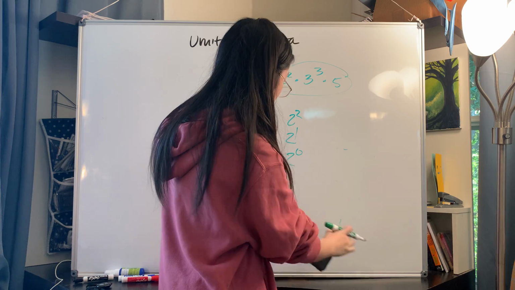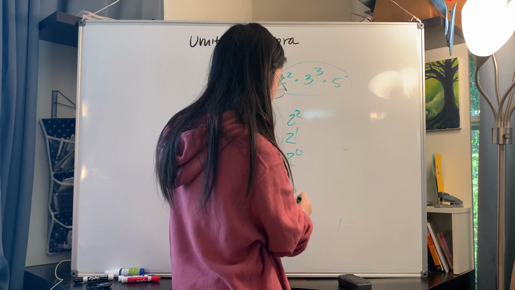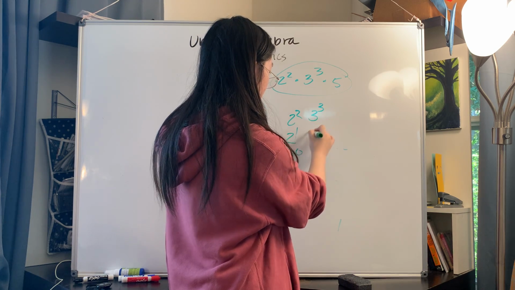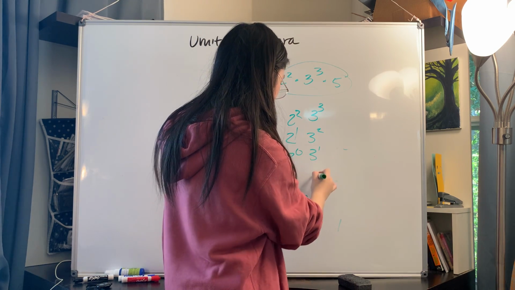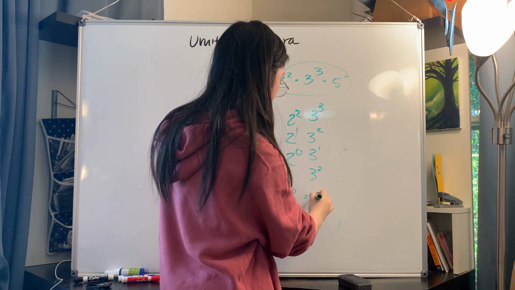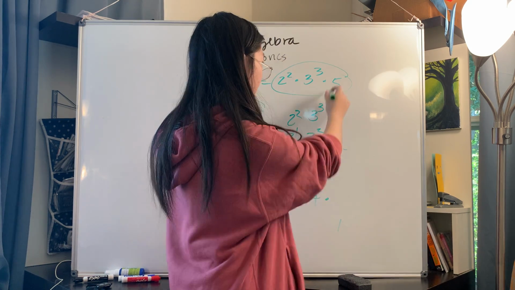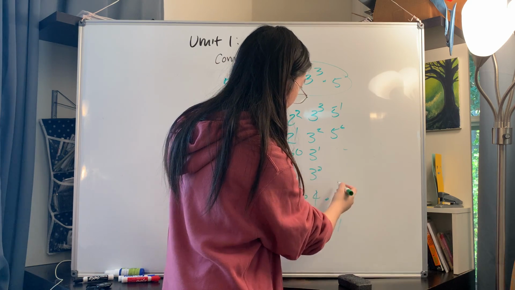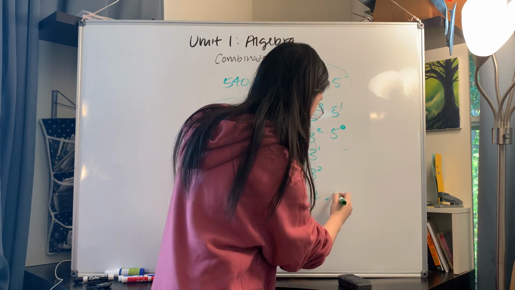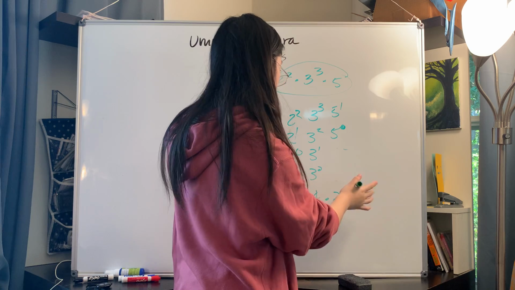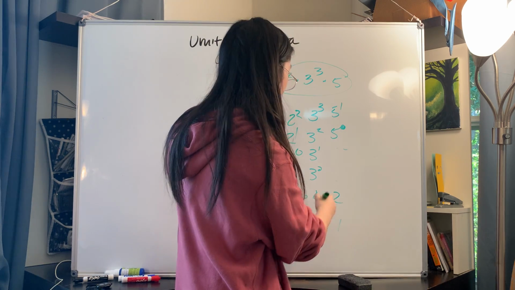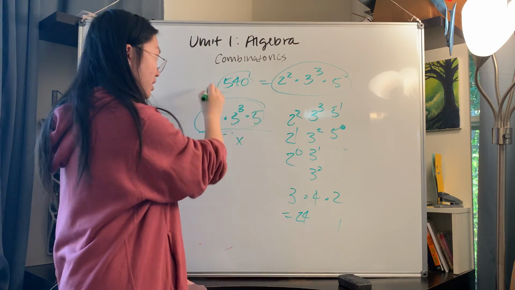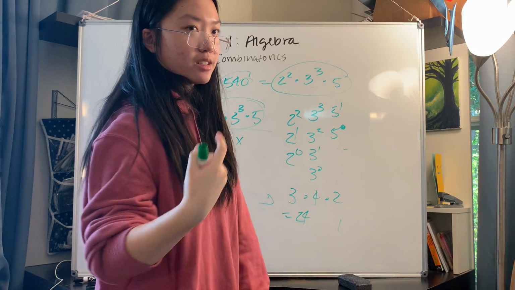So we have 3 choices. For 3 to the third, we have 3 to the third, 3 squared, 3 to the first, and 3 to the 0 power. So that's 4 options. And for 5, we have 5 to the first and 5 to the 0 power, so now we have 2 options for the 5s. If we multiply them together, we get 24. 540 has 24 different factors, different divisors.